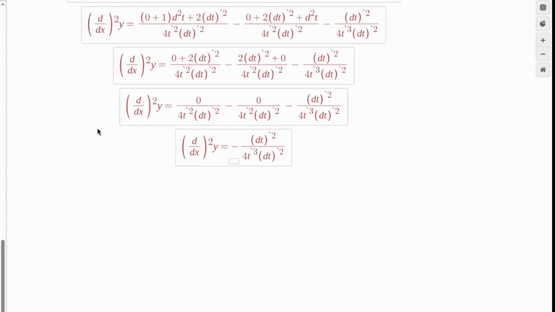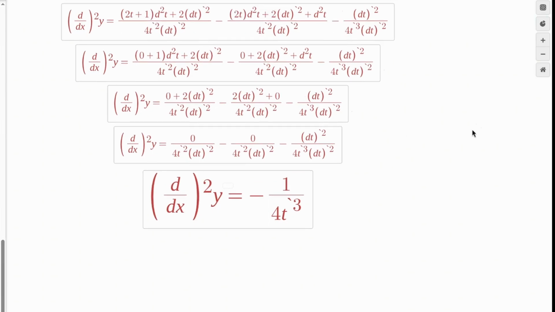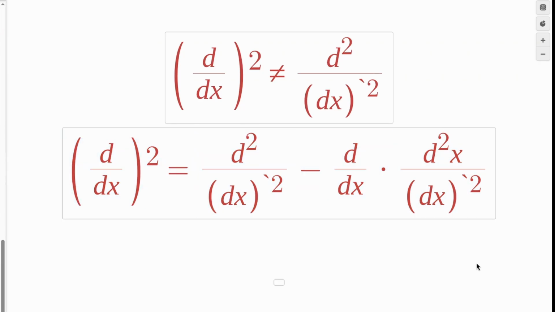But in the end, you get the second derivative of y is negative dt squared over 4t cubed dt squared, which, canceling out the dt's, is negative 1 over 4t cubed. So I just demonstrated through an example that this is a valid form of the second derivative.